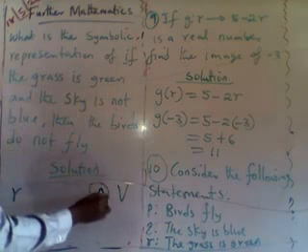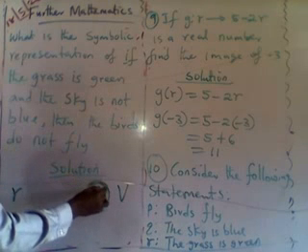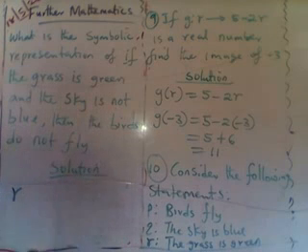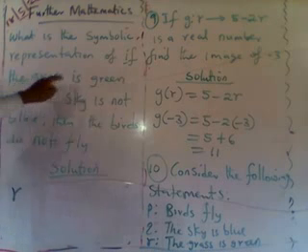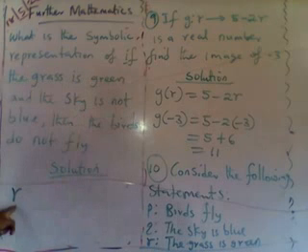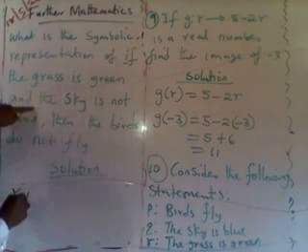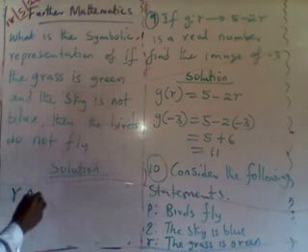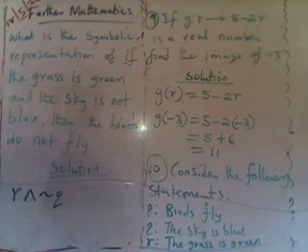This is the symbolic representation for 'and' and this is the symbolic representation for 'or'. So the grass is green means R, conjunction, and the sky is not blue means the negation of Q.